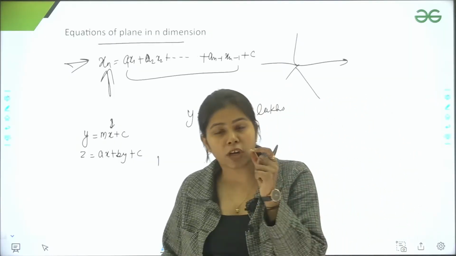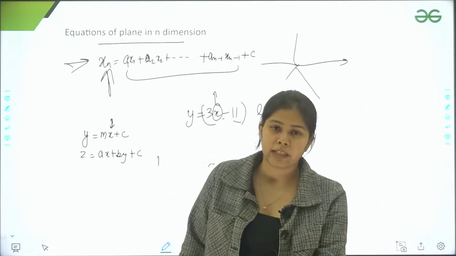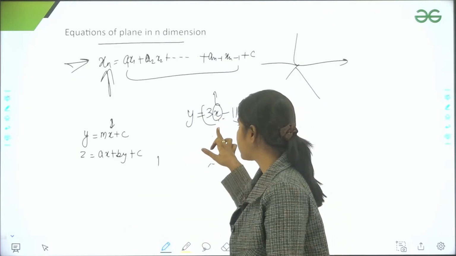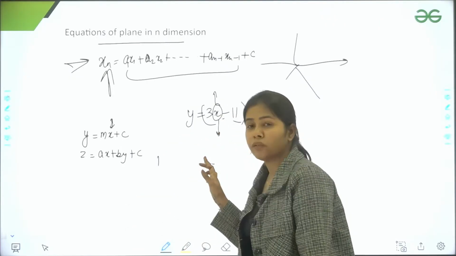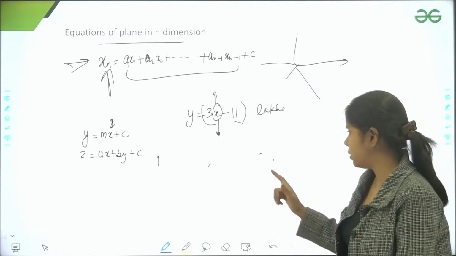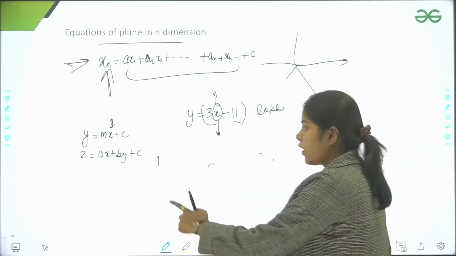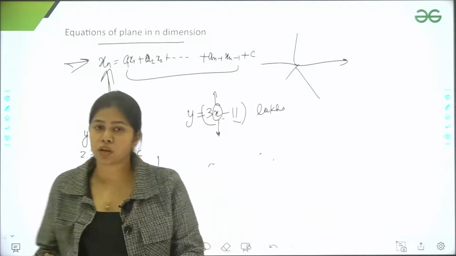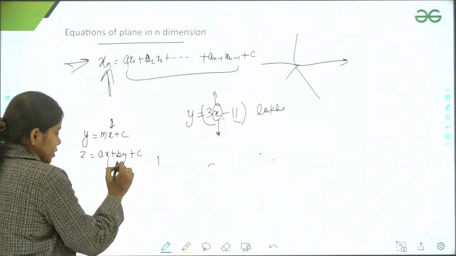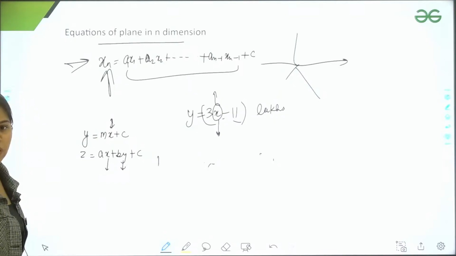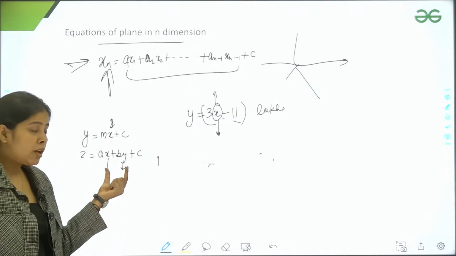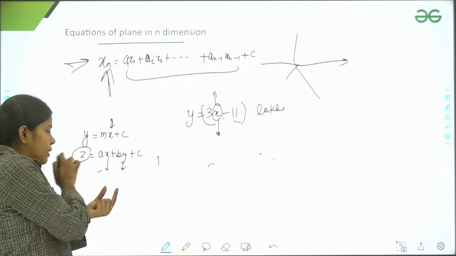So corresponding to the values of x, we will get the value of y. I can take the example that corresponding to the value of x, that is size of a house, gives me the price of a house. Here if I have taken two variables, x is the size of a house and y is the number of rooms in a house, then corresponding to those I can find out the price of a house.